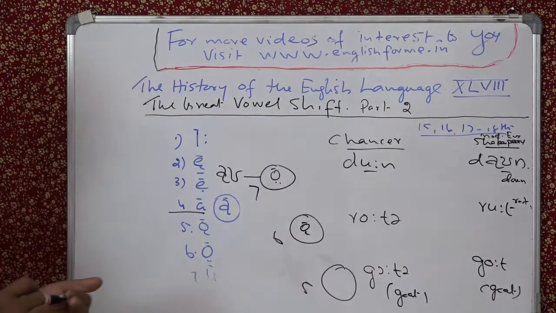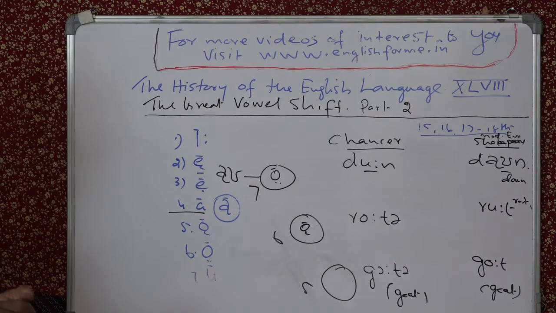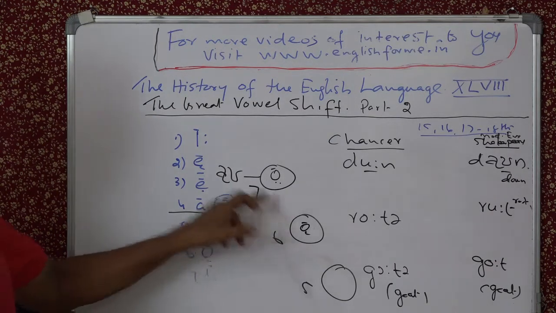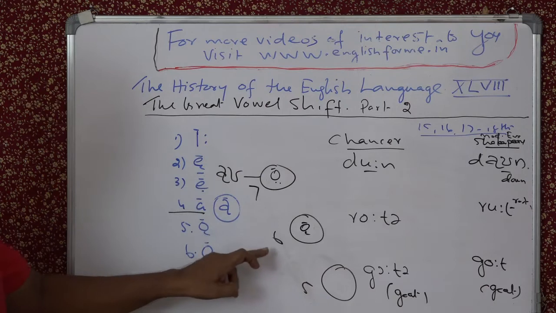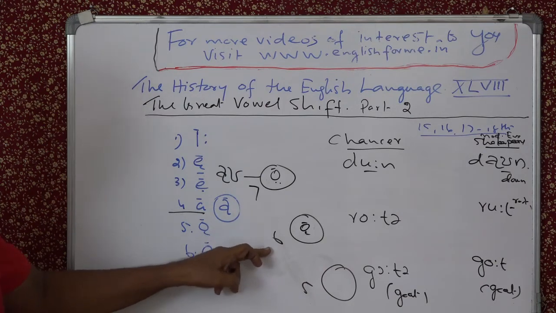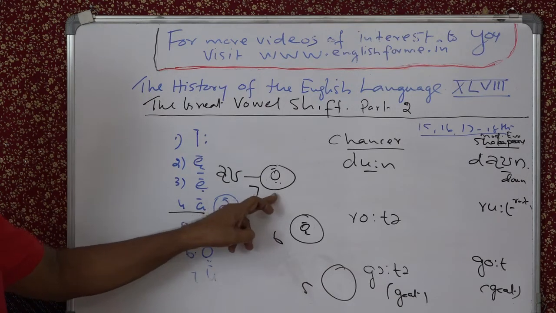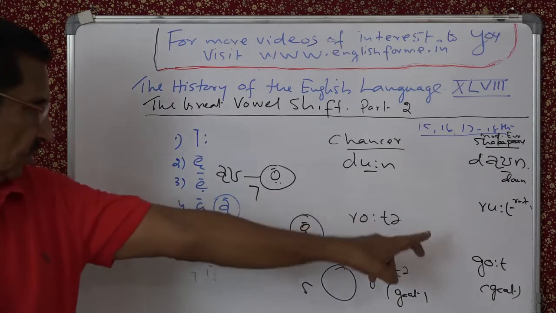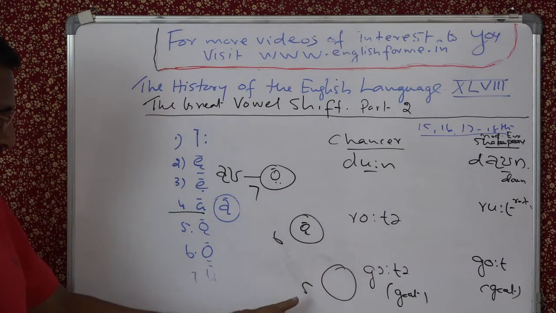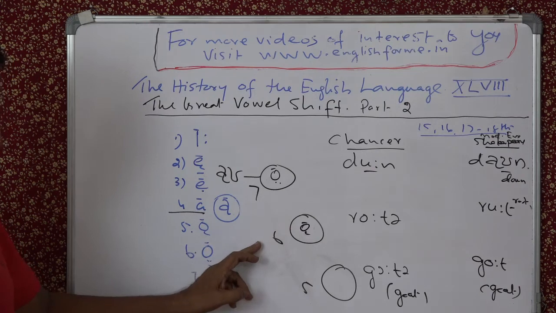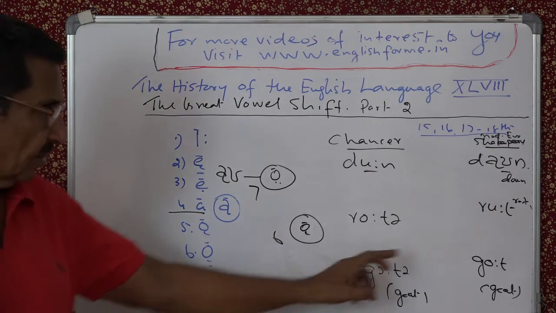So this is what happened. 7th became a diphthong. Then 6 took the position of 7, so rot became root. Then 5 took the position of 6, and so goat became goat in its new sound.